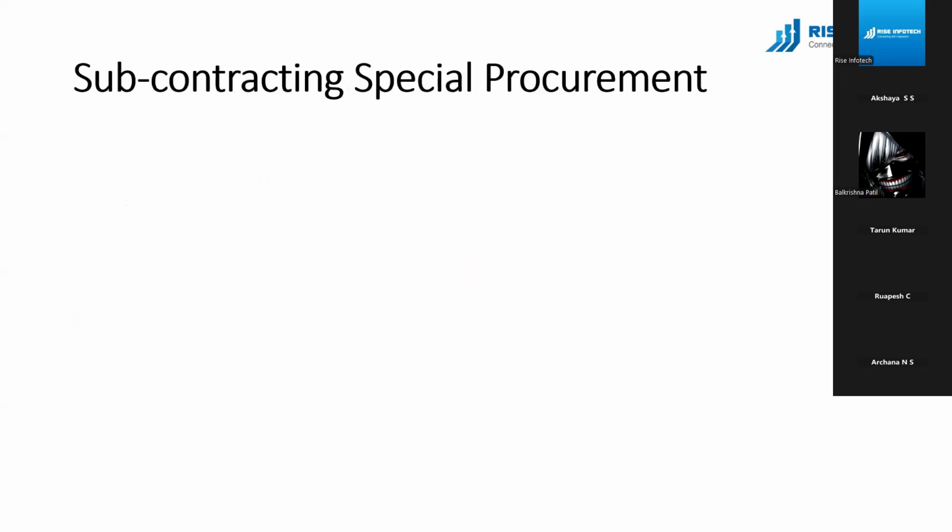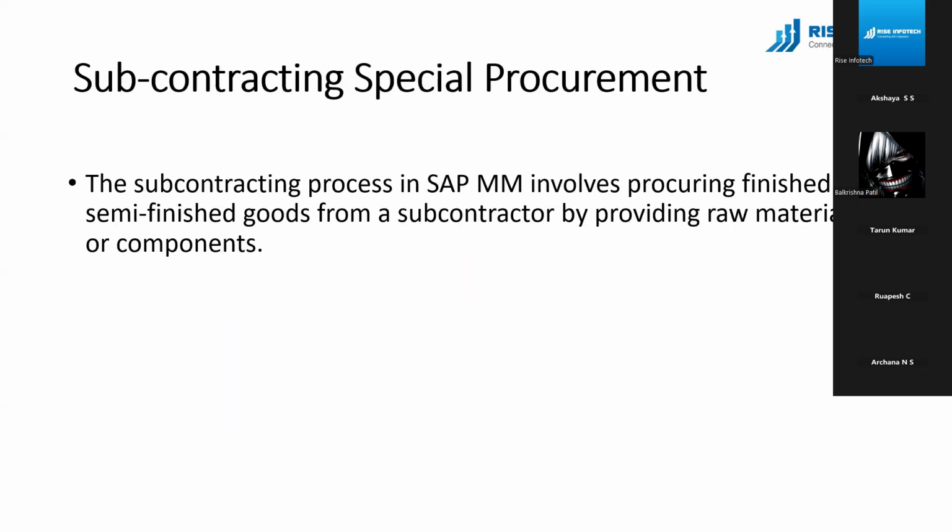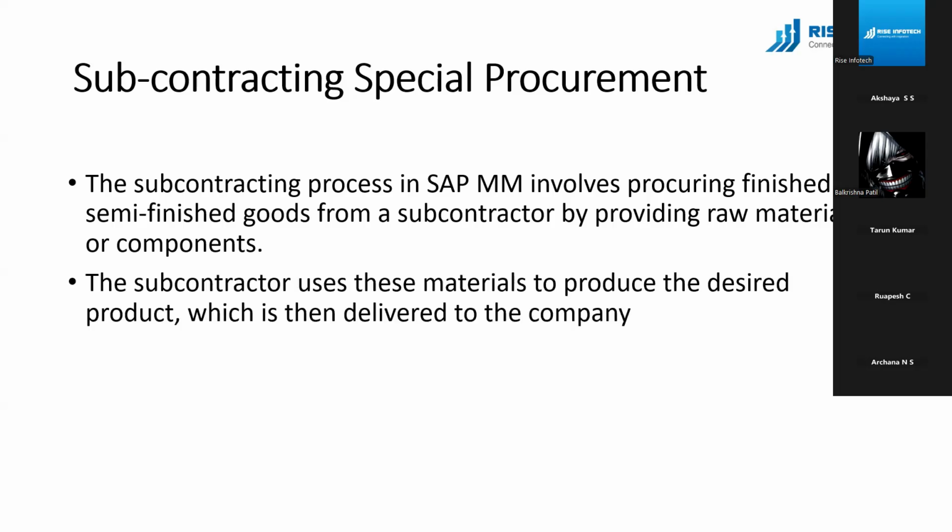Okay, the third part is subcontracting special procurement. This process involves procuring finished and semi-finished goods from a subcontractor by providing them raw materials or components. Here, there are two types of material that can be given to the subcontractor: one is ROH type and the other is HALB type, which is semi-finished.